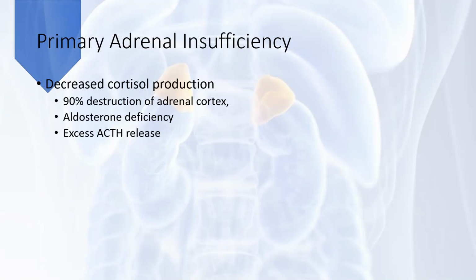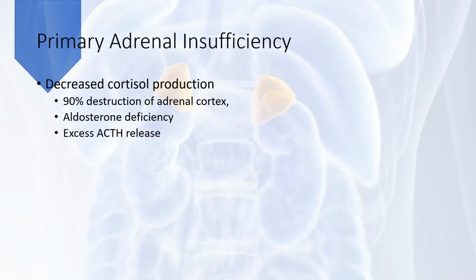Now, let's discuss what is primary adrenal insufficiency. Primary adrenal insufficiency is characterized by decreased production of our cortisol, wherein 90% of our adrenal cortex is being destroyed. Having said that there is a deficiency in our cortisol, there is also deficiency in our aldosterone. Bakit? Ibig sabihin, pati po yung ating zona glomerulosa is being affected.